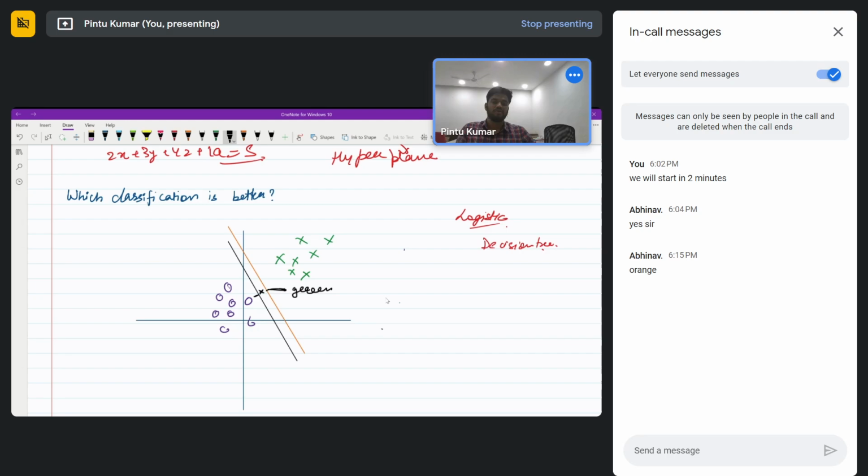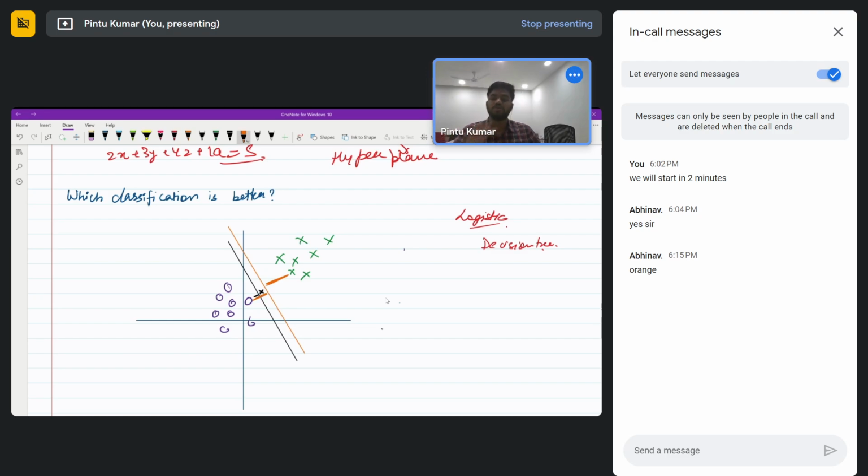So if I have points closer to this separating hyperplane, the confidence that I have in prediction in the black line's case is pretty low. Whereas if you look at the orange line, it is equally spaced from the green data set as well as the purple data set.